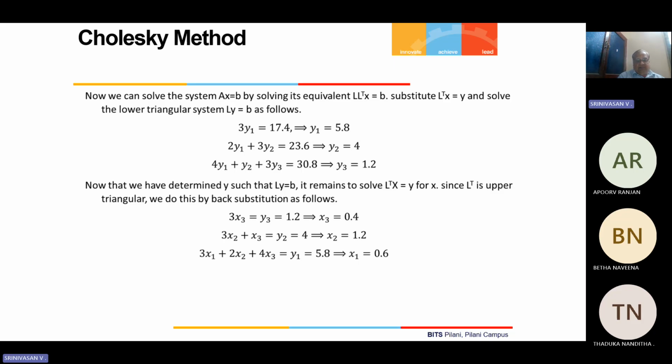Therefore we can write, it's better to always give the conclusion.